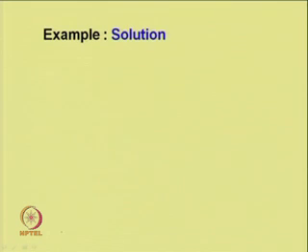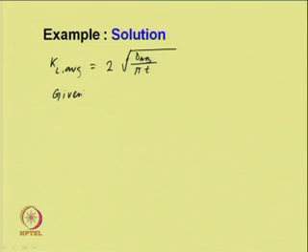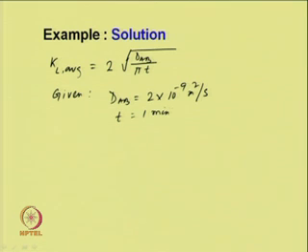So, according to penetration theory, we know the average mass transfer coefficient k_L average is equal to 2 into root over D_AB by pi t, and given that D_AB is equal to 2 into 10 to the power minus 9 meter square per second. t is equal to 1 minute, which is 60 second.